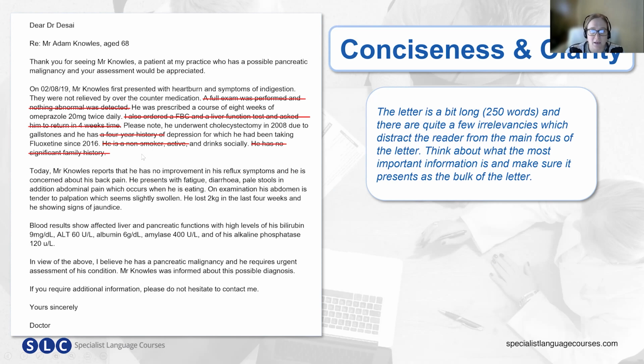So you need to think about what is the most important information and make sure that that presents as the bulk of the letter. Yeah, it needs to take up the majority of the space, and things like nothing abnormal detected, I mean, you can, but you know, the ordering of the test is not important. And the no significant family history is also not important, I don't think.